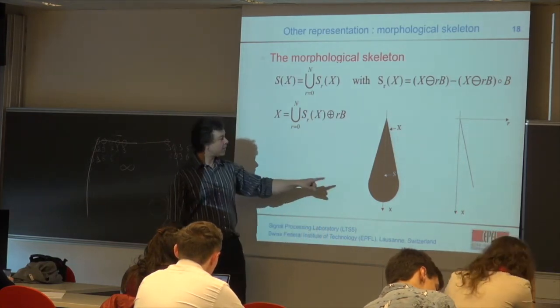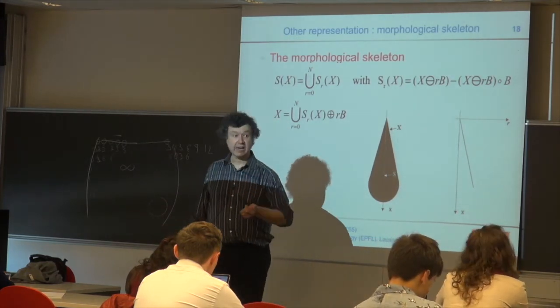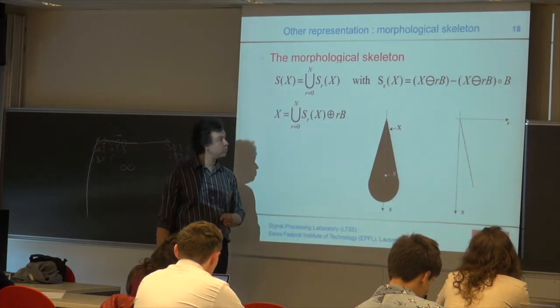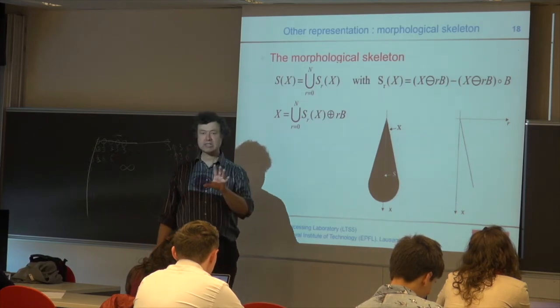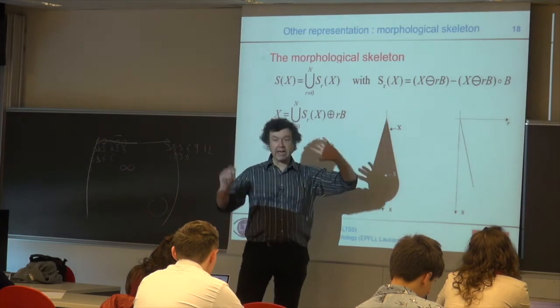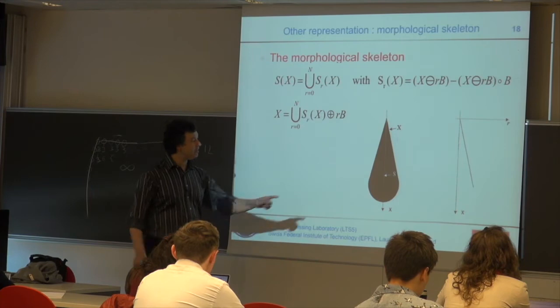And now, how are we going to build this skeleton, this medial axis? There is a vast literature on medial axes as a representation of objects for very good reasons that I will just describe a little bit. But let's see what is a skeleton. We take a shape, binary. We will do binary morphology on it to build this line.